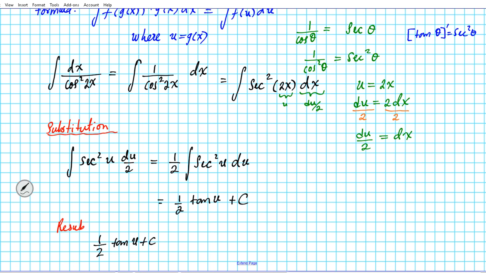We're going to take our u and replace it with the original substitution, so instead of u, we have 2x: 1/2 tan 2x plus c. Ladies and gentlemen, this is the final answer to question number 2 on how to integrate using the u substitution method.